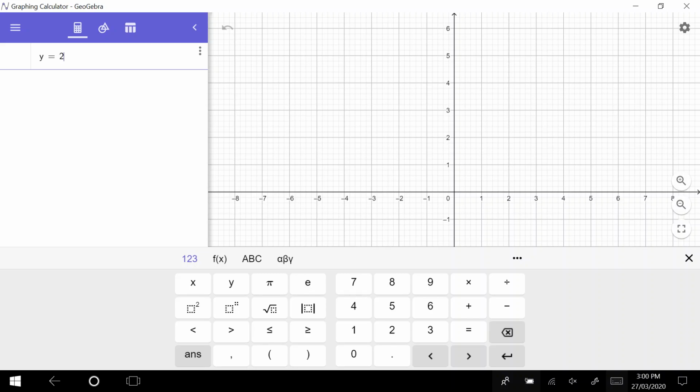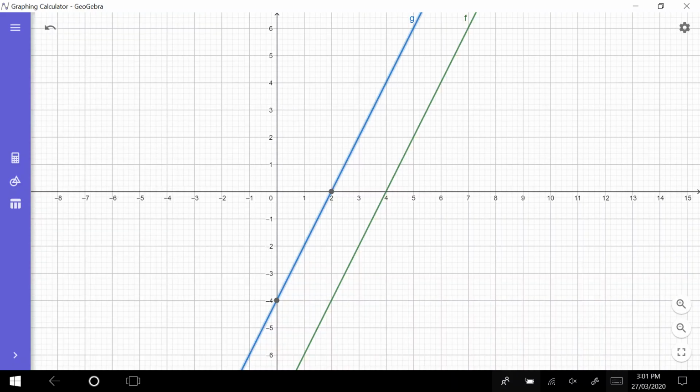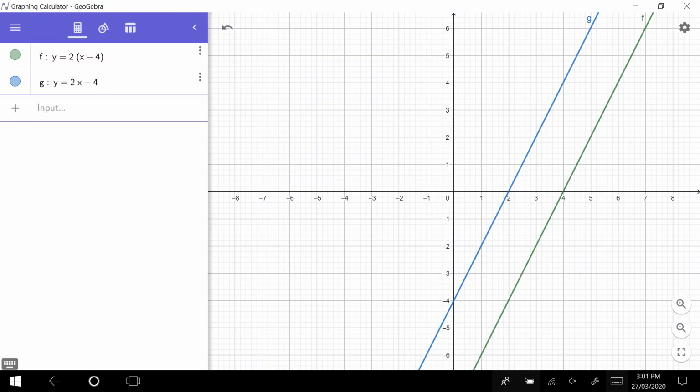Next up is going to be y equals 2x take 4, which is going to be here. All right? And I'll keep those functions there. 2 outside of (x take 4) here has moved me how many units to the right? 4, because that's our general function that we accept.